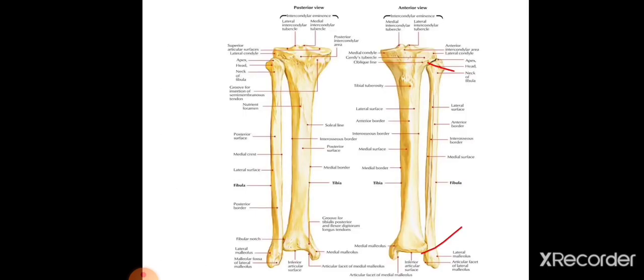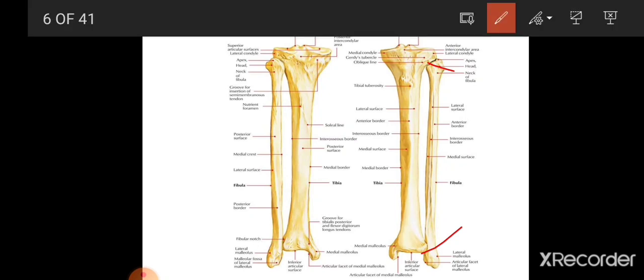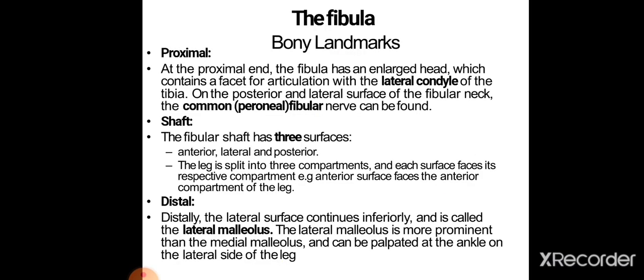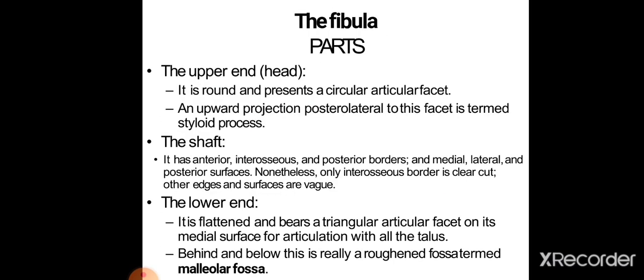So here we can see the upper end. In the upper end, this is the head, this is the neck, and this is the lateral malleolus. The upper end possesses the head having a circular facet which articulates with the upper end of tibia.